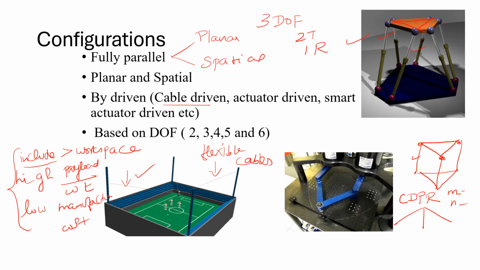So based on that, you can further classify the cable driven parallel manipulators into under constrained, fully constrained, and redundantly constrained, right? If it is under constrained, the condition is that n plus 1 should be greater than m, and the position and orientation are determined by gravity.